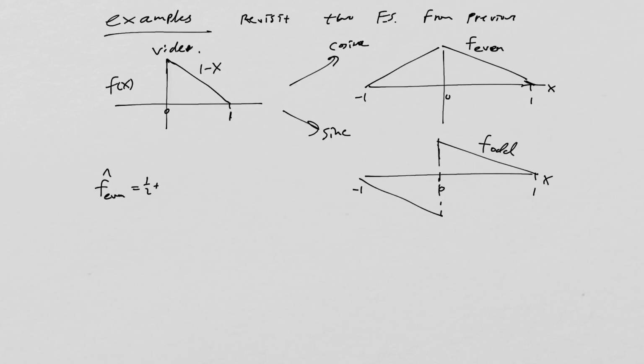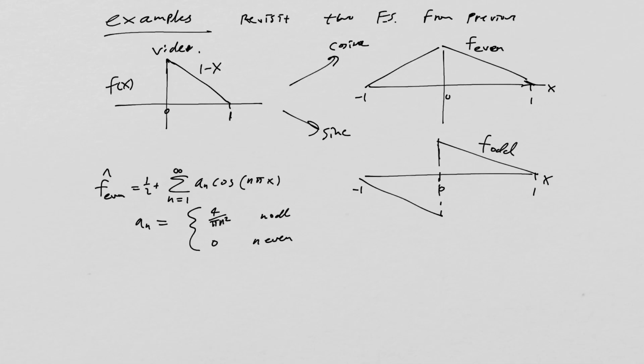Now, you remember from the previous video, we're going to use n is equal to 1 up to infinity, and we had the an cosine n pi x, like that, where the an was this. It was equal to 4 over pi times n squared, and that was for n odd, and here was n even. Okay?